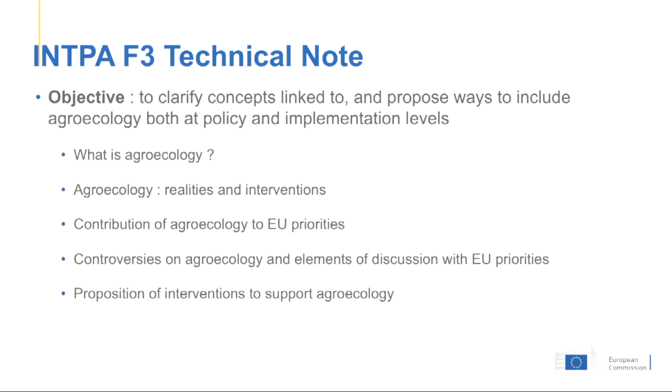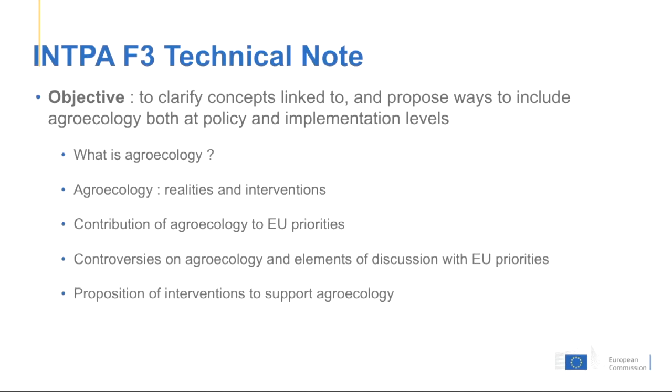So this file is accessible by all participants. We have a definition of agroecology, how we define it, real and concrete examples which show that agroecology is a reality in different countries, and also a contribution on how agroecology can contribute to EU priorities.